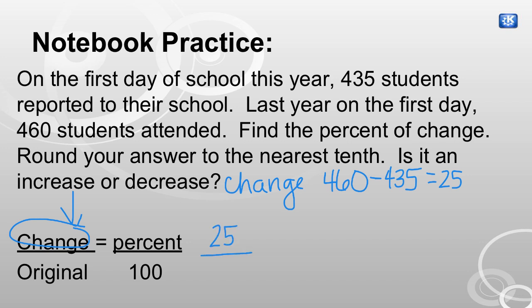To figure out the original amount, we have to be good readers. So it says this year there were 435, but it said last year there were 460. So this year is not the original amount. It is last year's number. So my denominator is 460. That's going to equal x over 100.